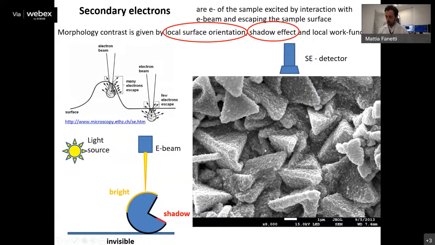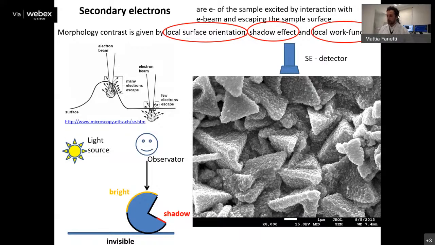Somehow you can mimic the same situation as if you have a light source and an observer. Of course, the light source is in the place of the detector, and the observer is in the place of the beam. It is not exactly like having a light source and an observer, but it mimics somehow the situation in which you have an illumination from this direction and you are watching the surface from the top. It is only a side effect, but it is very useful for a 3D representation in your imagination of what the morphology of the surface is.